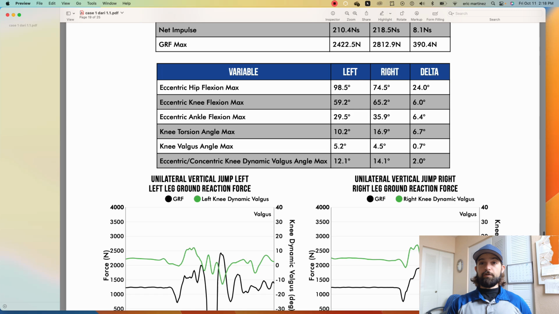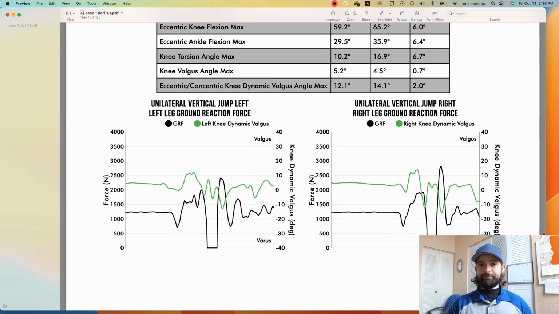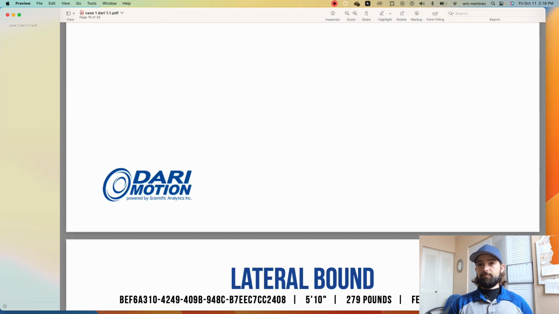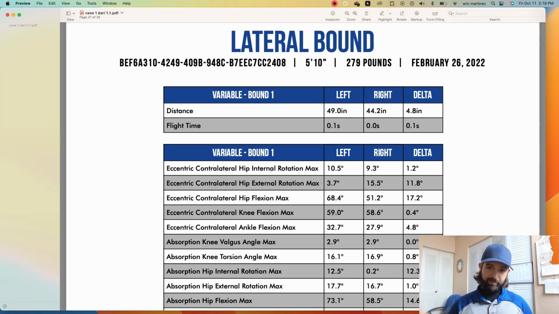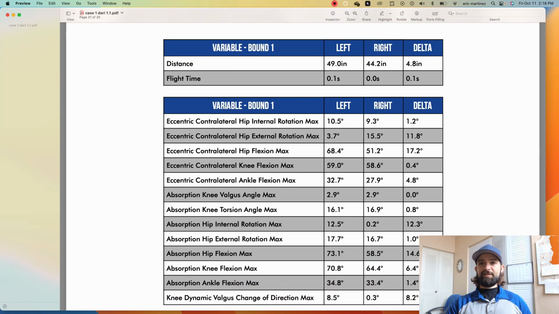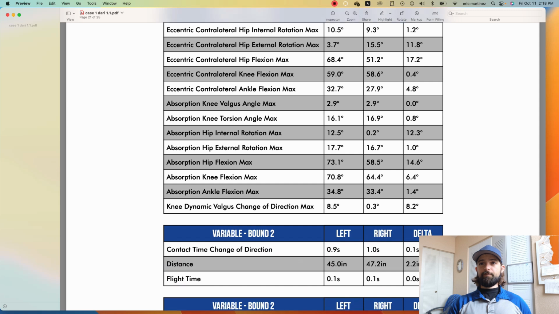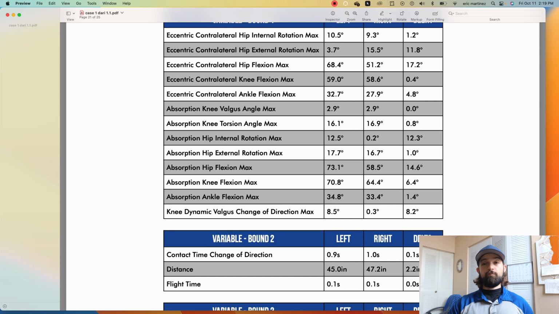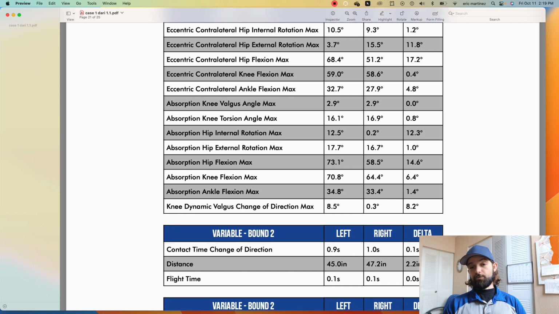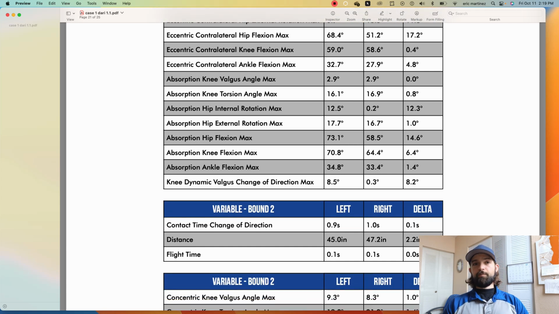Again, longer leg, shorter leg. I'm just going to start skimming through it. But lateral bounce, jumping back to back, distance versus speed and power. So, again, longer leg, better depth, which is interesting because he's got no control, right? All these numbers will change when he improves control.